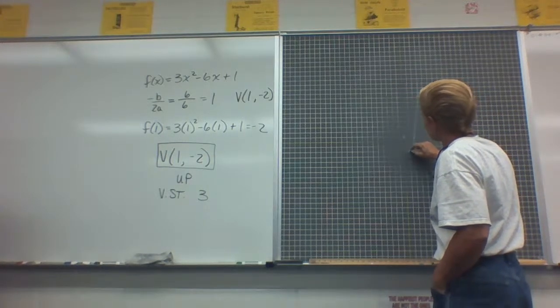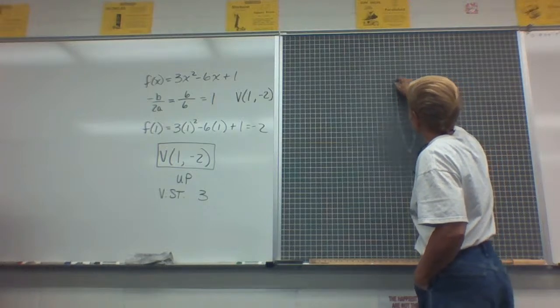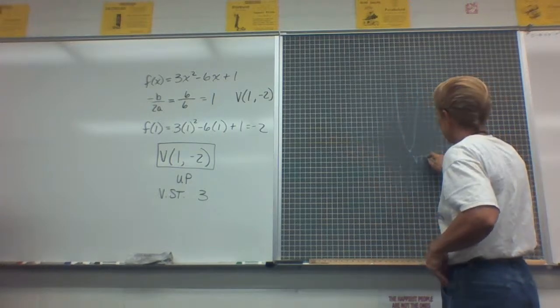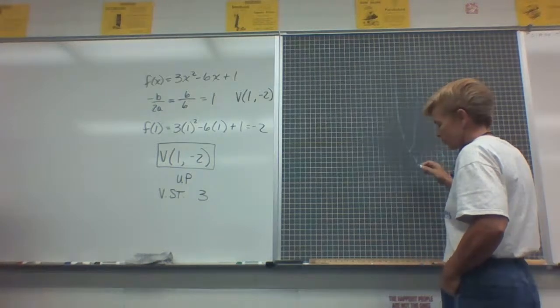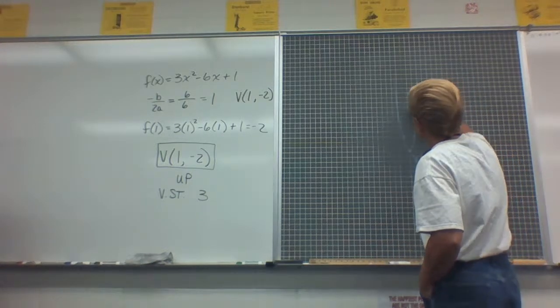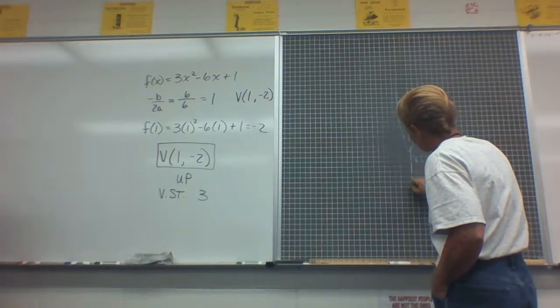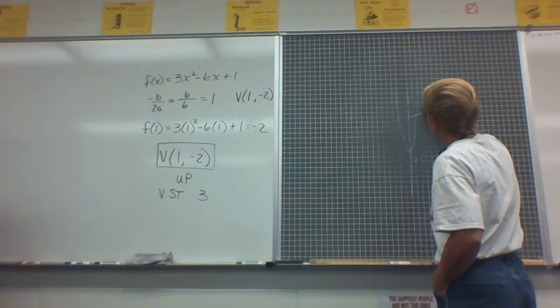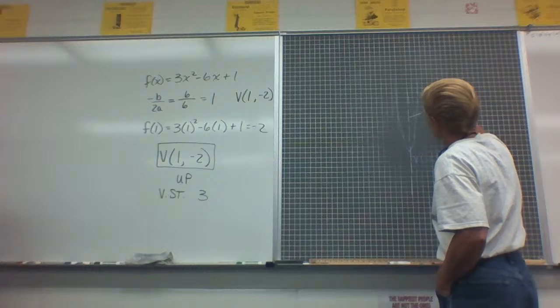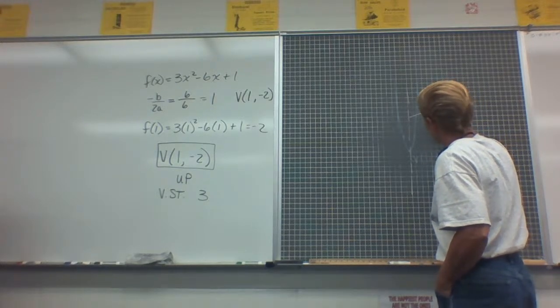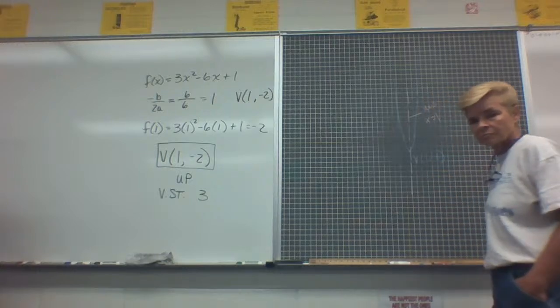However, remember in this section we have to do some things to this before it's complete. We have to identify the vertex, which we figured over here. 1, negative 2, you have to write it right on the graph. You also have to draw and label an axis of symmetry. The axis of symmetry goes right through the axis, and it is axis colon x equals 1, because it's out 1 just like the vertex.